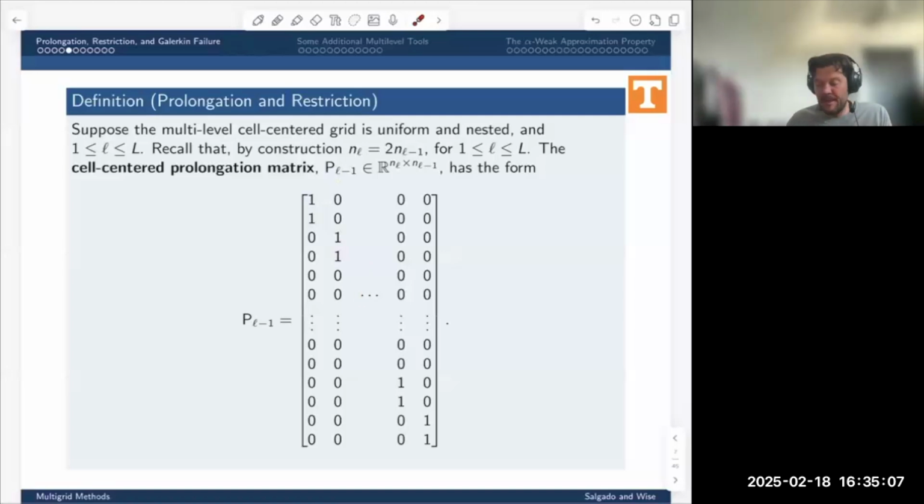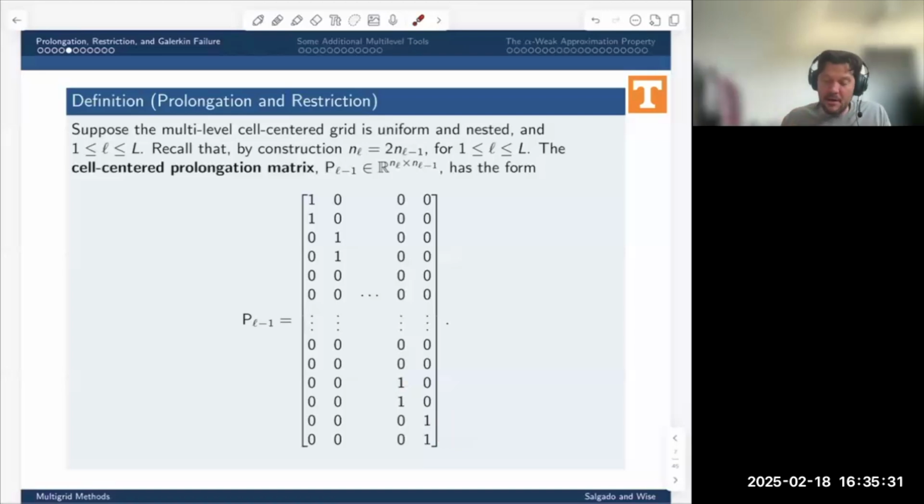And so on, until I get down to the last column, where I have a 1 in row N_L minus 1 and N_L. Okay.